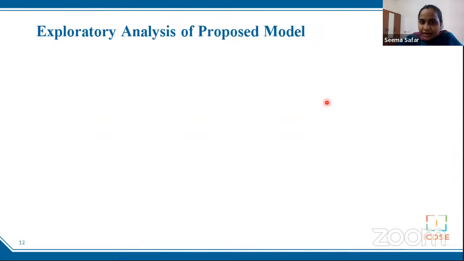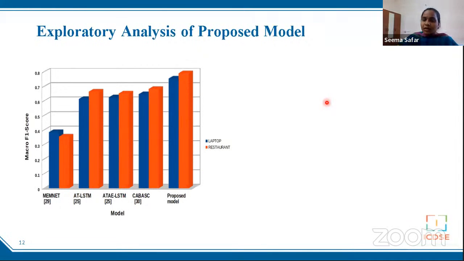Moving on to the exploratory analysis of the proposed work. Focusing on the aspect-based sentiment analysis module, as you can see here, this is my proposed model, and I've done a performance analysis by comparing it with an attention-based aspect-based sentiment analysis model. This was tested on laptop as well as restaurant reviews, and it shows pretty good results in terms of F1 score, even though we are replacing the attention layers, and all these models make use of attention layers.